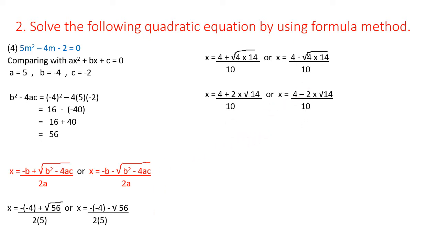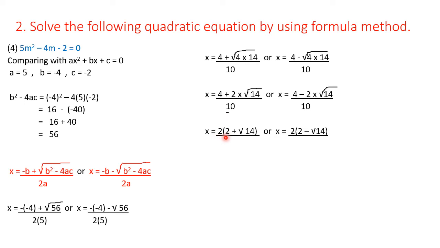Now after doing this, we are going to calculate further, and we are going to see what is common. As we can see, 2 is common here. As you can see, this 4, 2 and there is 10 here. So all these are divisible by 2. So we take 2 common.